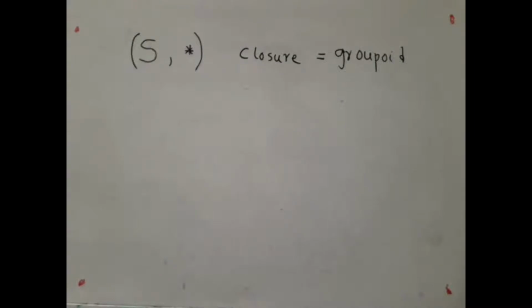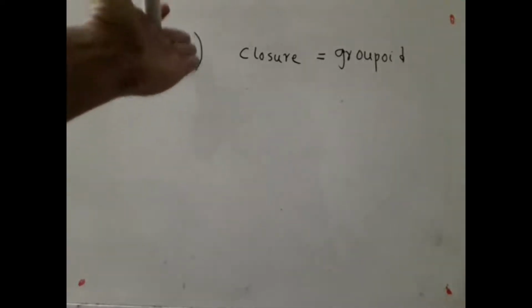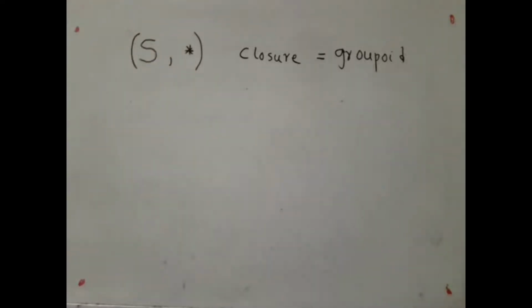You should understand that the fewer properties we put on this binary operation, the more general and more abstract is the structure. But at the same time, the more abstract the structure is, the more difficult it is to work with. For example, if there is no associativity, then obviously you can't do anything with this particular operation.